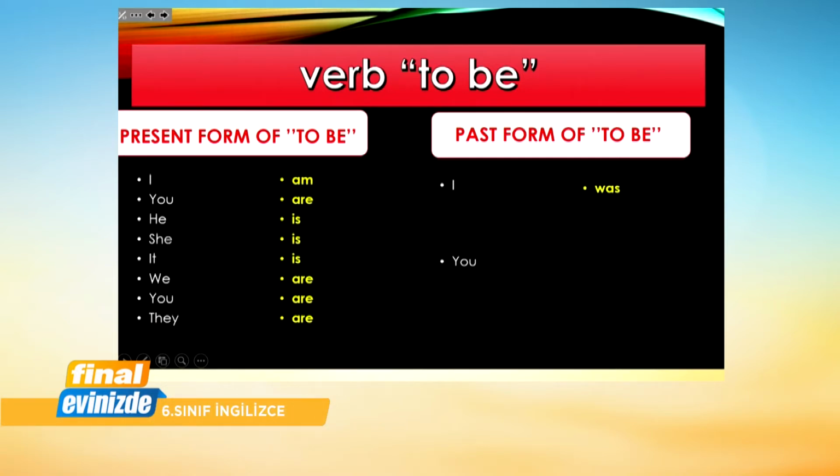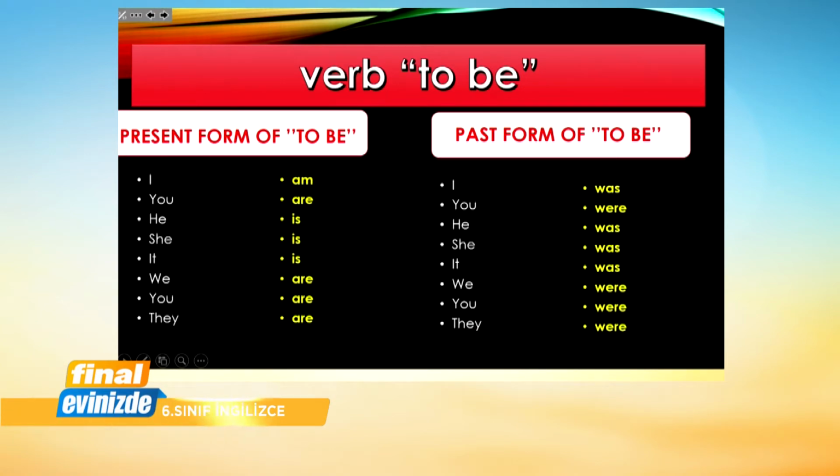I was, you were, he was, she was, it was, we were, you were, and they were. If you notice, we use in the present form of to be am, is, are, and for the past we use was and were. All right? Let's go ahead.